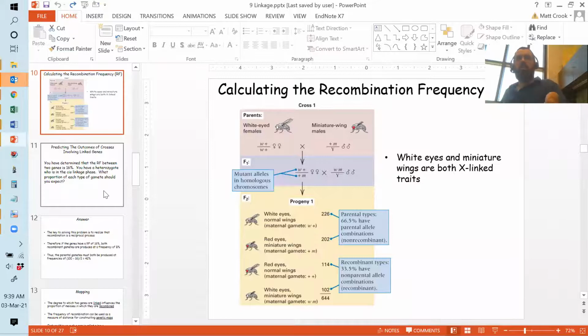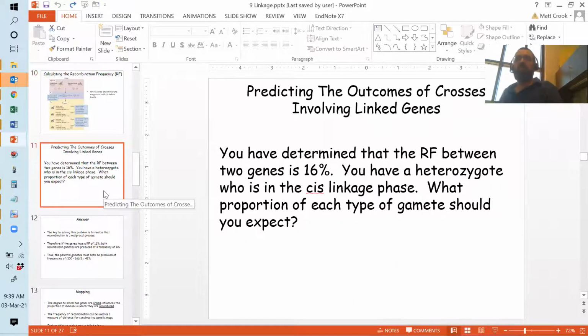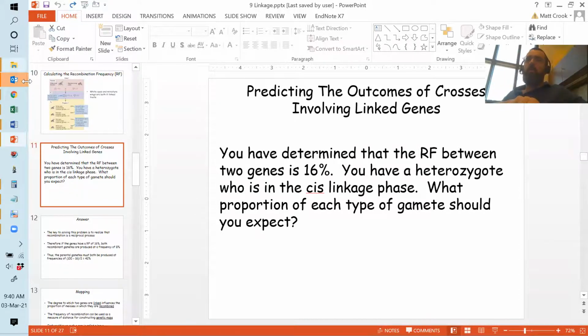And that's essentially what this question is about, right? So if we have a recombination frequency of 16%, that tells us we have 16% of our offspring are recombinant. What percent are parental for a start?